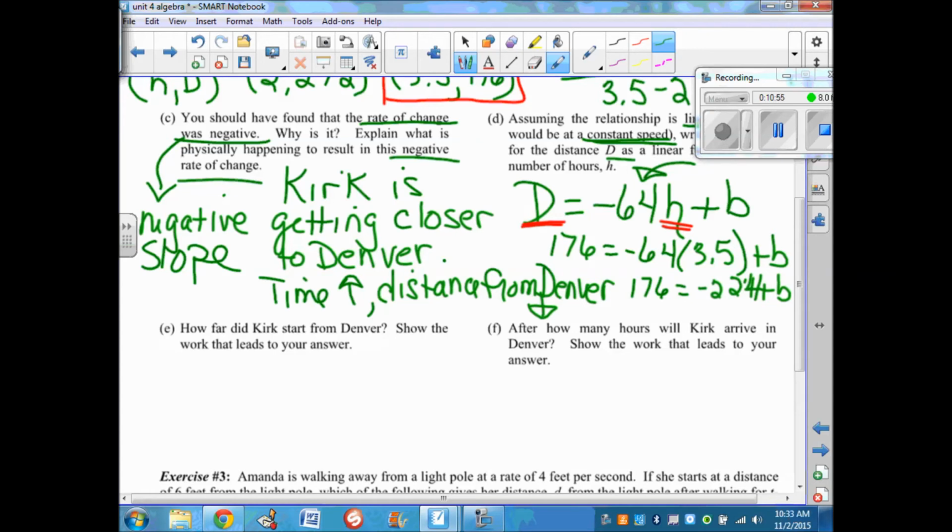Adding that 224 to both sides, I end up getting 400. So when he starts out, he's 400 miles from Denver.